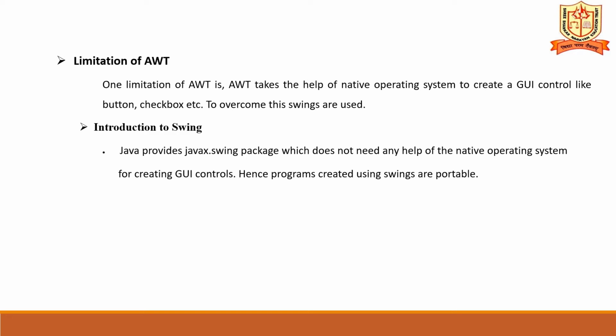In Swings, the component creation logic is developed in Java only. So there is no need to depend on any other language to create the components of Swings. Is it clear? The difference between AWT and Swings.